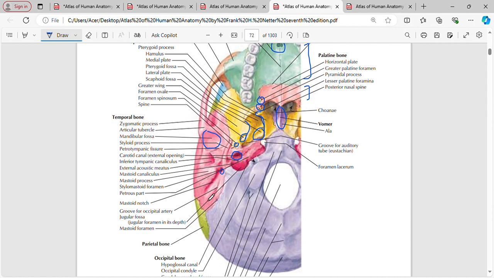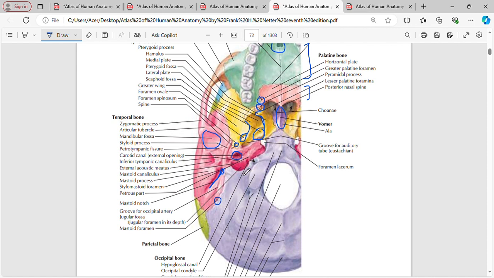Actually this was the mastoid notch, and this is the mastoid foramen. The mastoid foramen allows the passage of the mastoid emissary vein and the posterior meningeal artery. Very important to note that the mastoid foramen allows the passage of the posterior meningeal artery, right?